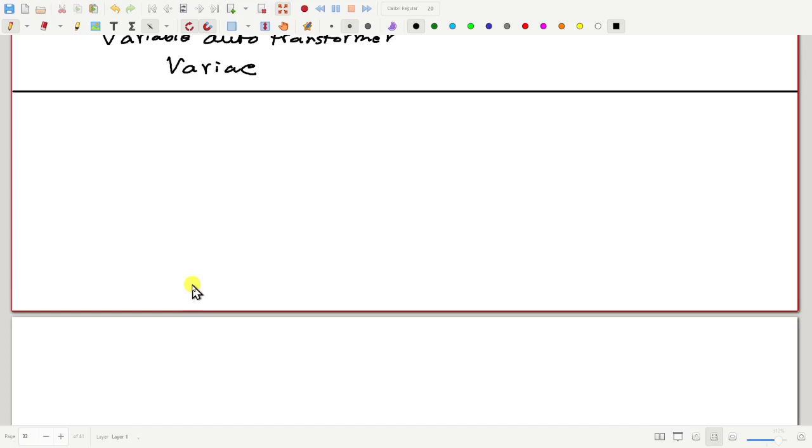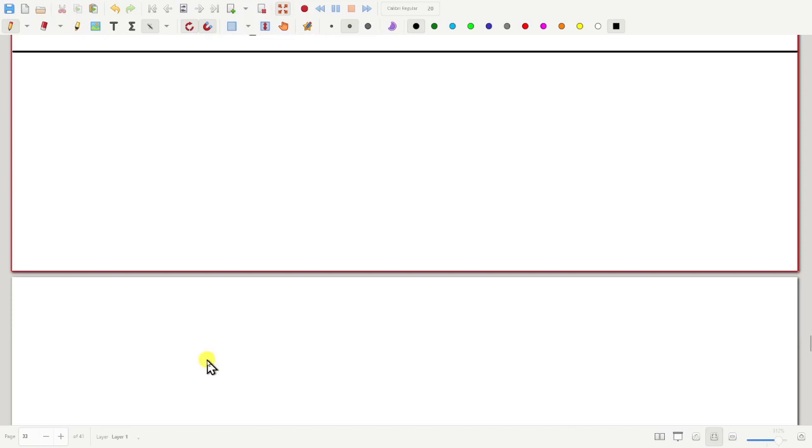We will look at eddy current loss and hysteresis loss in a transformer in much more detail. So first let's talk about eddy current loss.